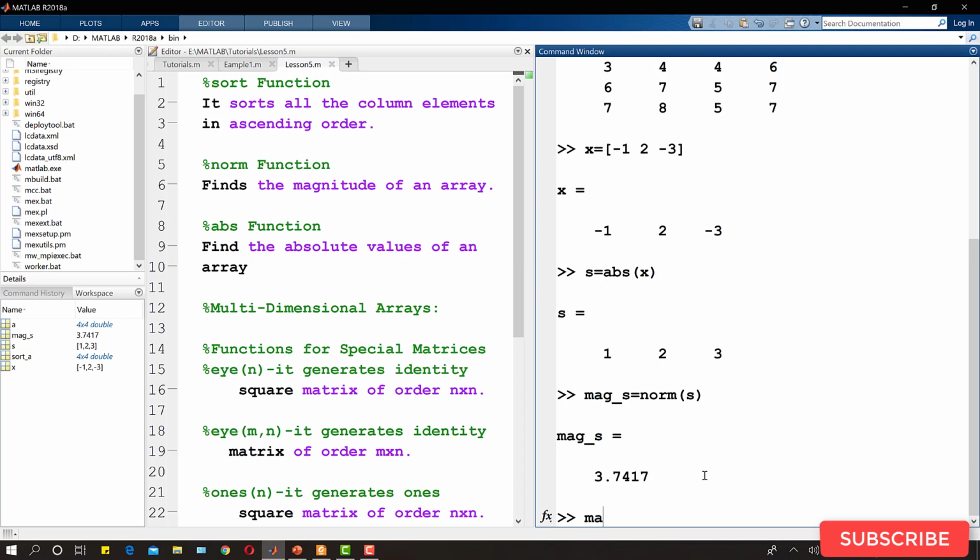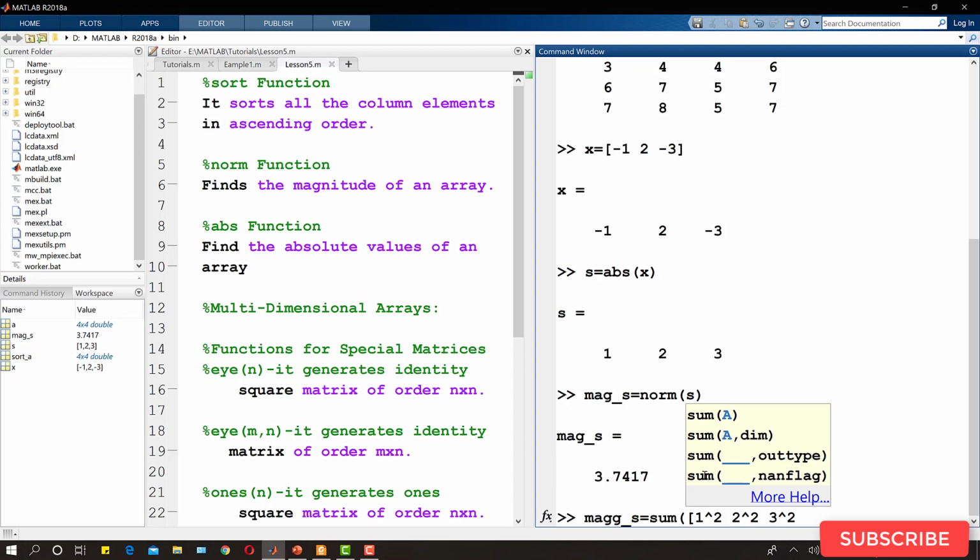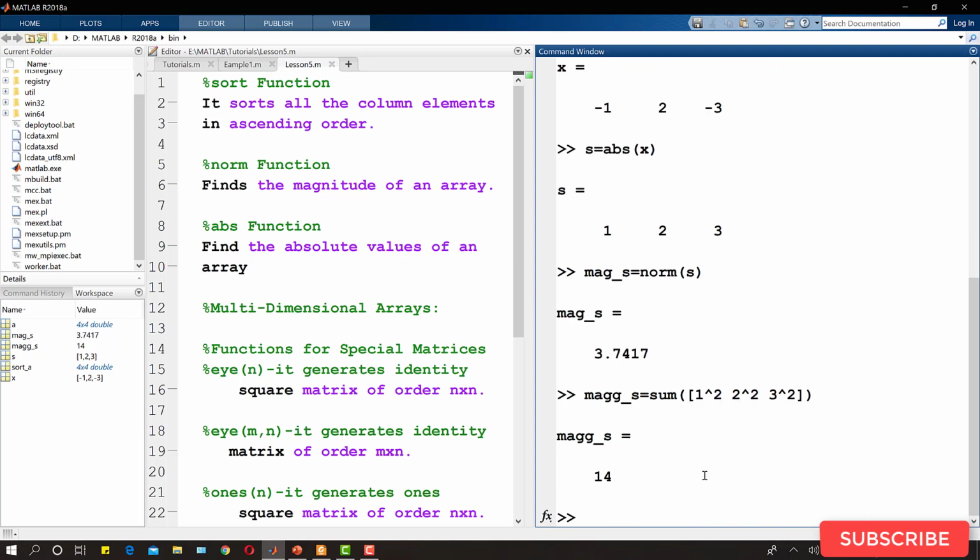Let's suppose I say magnitude of S, so I will write the sum of 1 square, 2 square and 3 square. And then I need to take the square root of this magnitude of S.